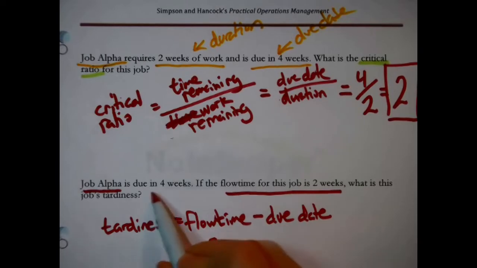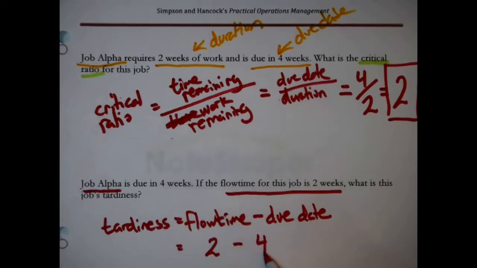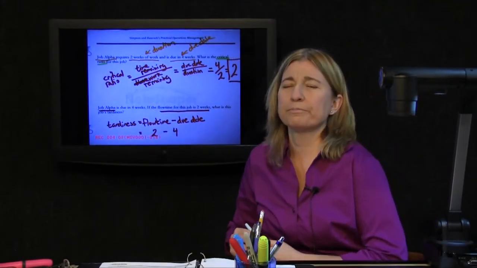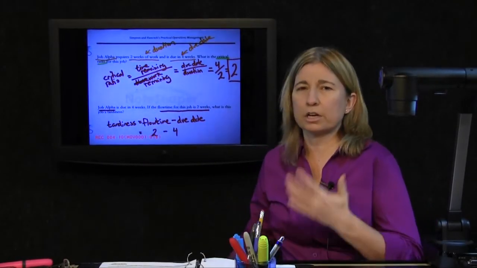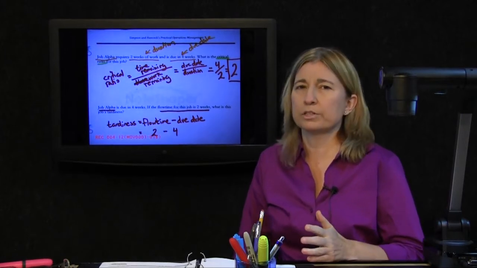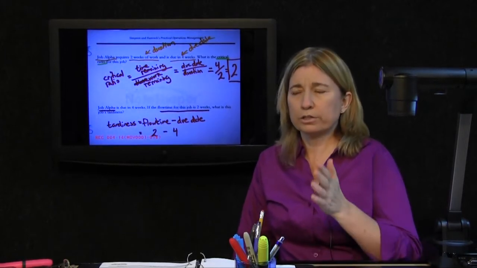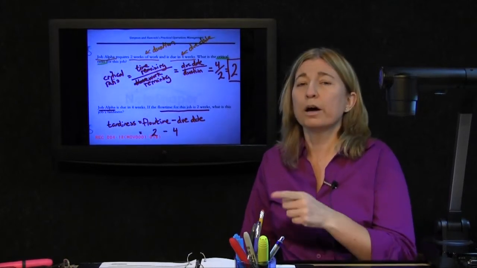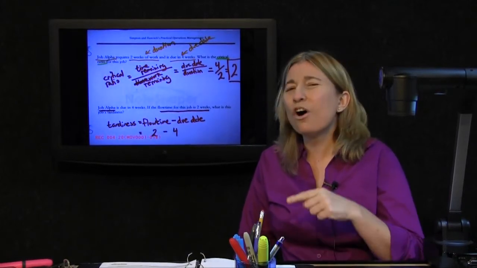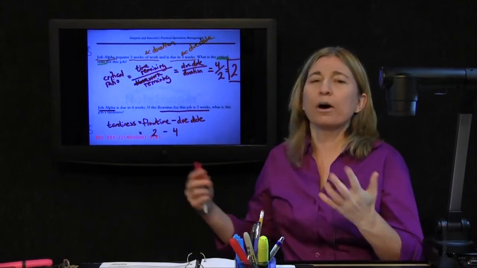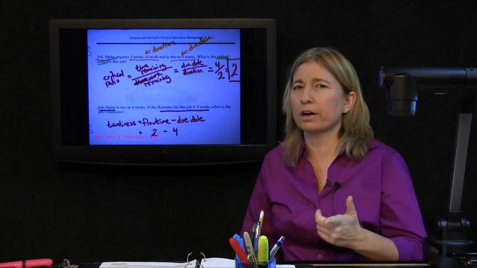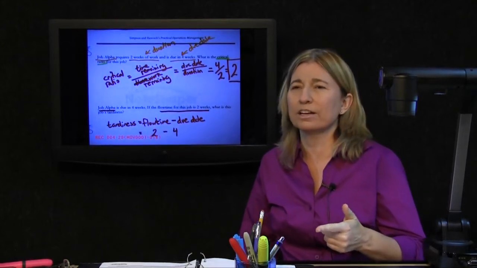We were told it's due in 4 weeks, so the due date is 4. Wait a minute, there's something here I need to remember. Tardiness is essentially a comment on how late you're going to be finishing a job. So tardiness is flow time, which is when you're going to finish the job, minus its due date, as long as that result is a positive number, because that's then a comment on how late you're going to be after the deadline.